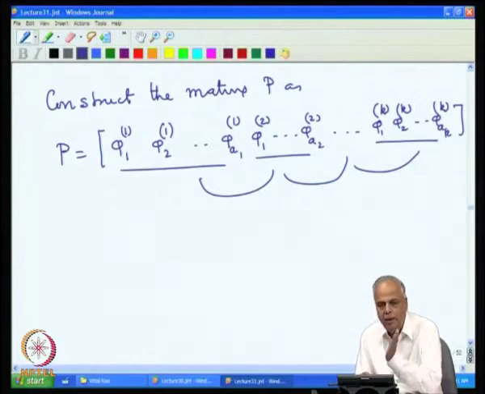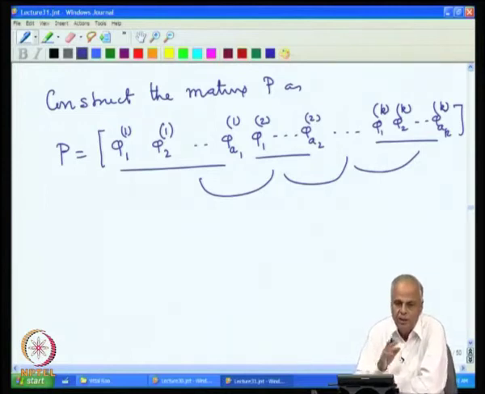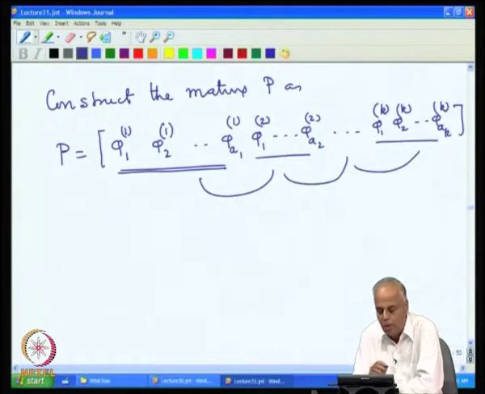So, P is a matrix with n columns, each column an eigenvector corresponding to A. The first a1 columns correspond to the a1 eigenvectors, or the a1 basis vectors, corresponding to W1.